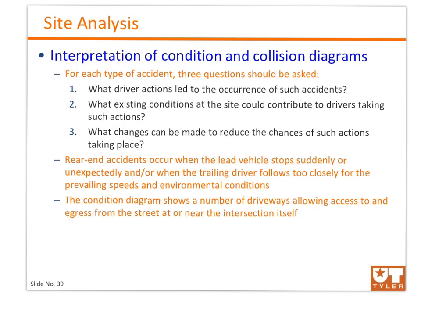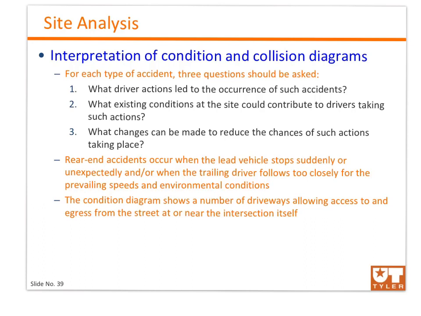So as we saw from the two diagrams, especially the condition and the collision diagrams, rear end accidents occur when the lead vehicle stops suddenly or unexpectedly, and/or when the trailing driver follows too closely for the prevailing speeds and environmental conditions.